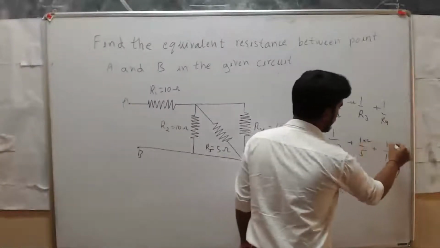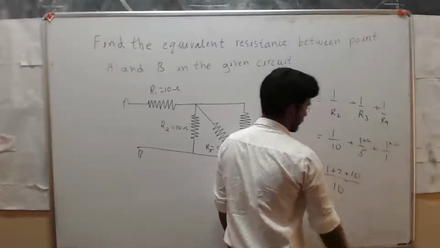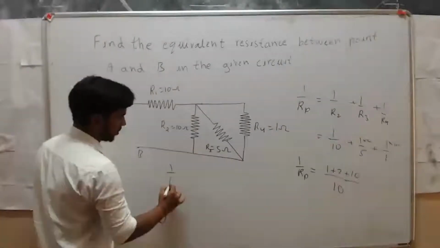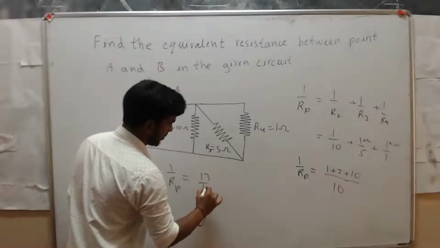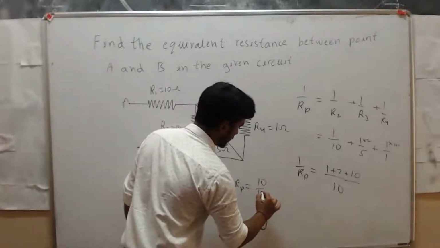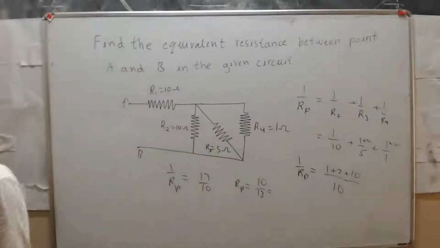Here 2 and here 10, that is 2 plus 10. Correct? Next, so 1 by Rp is equal to 13 divided by 10. We need Rp, right? So Rp is equal to 10 by 13. So what is the answer? 10 by 13 is 0.76. That is the resistance.